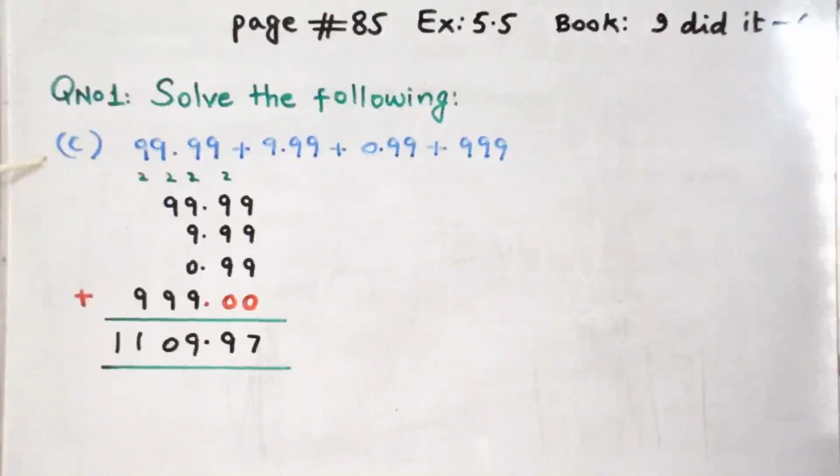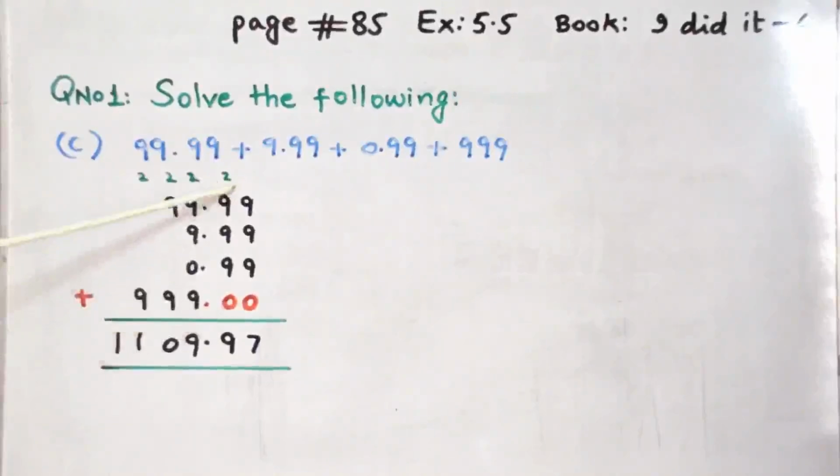Students, now look at part C. Write the numbers according to their place values vertically. 99.99, 9.99, 0.99, 999. Put decimal and extra 0 because these places are empty.